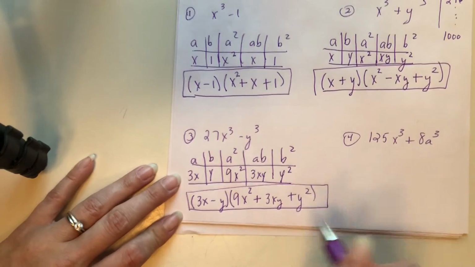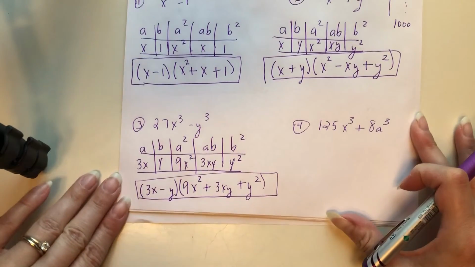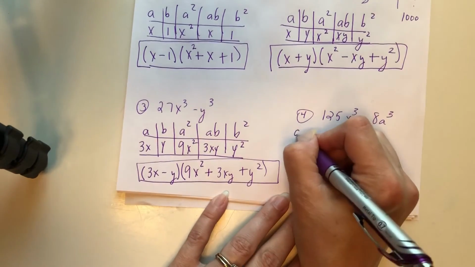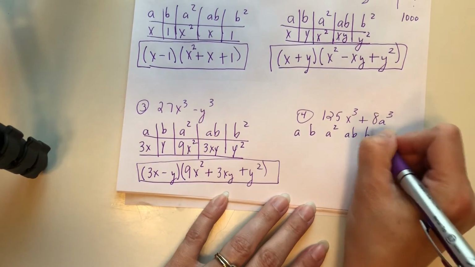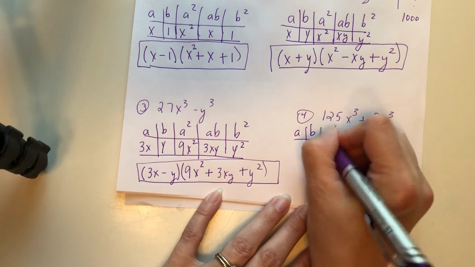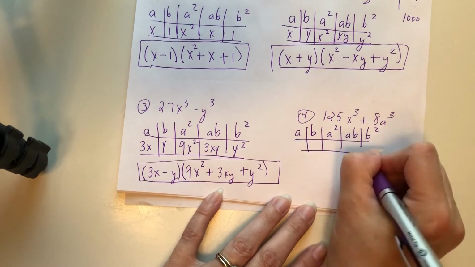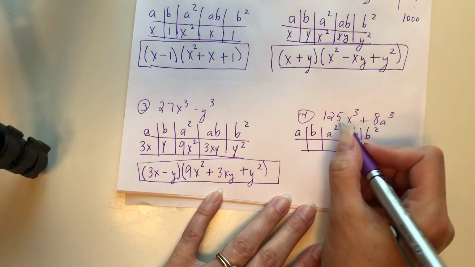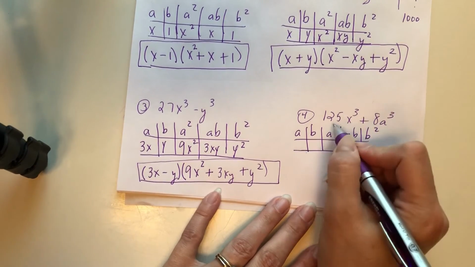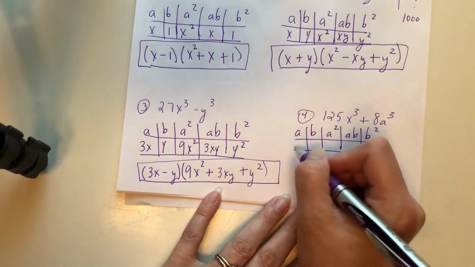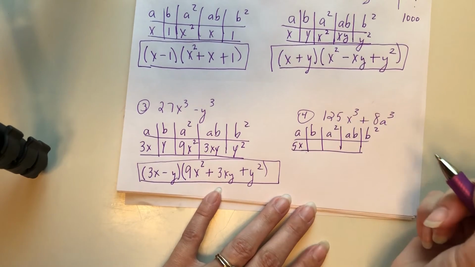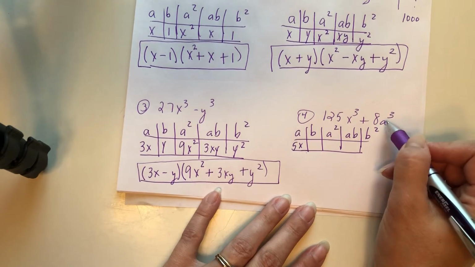These are not hard once you get the hang of them. All right, number 4. We need a, b, a squared, ab, b squared. Okay. a is the cube root of 125x cubed. So that's going to be 5x. b is the cube root of 8a cubed.